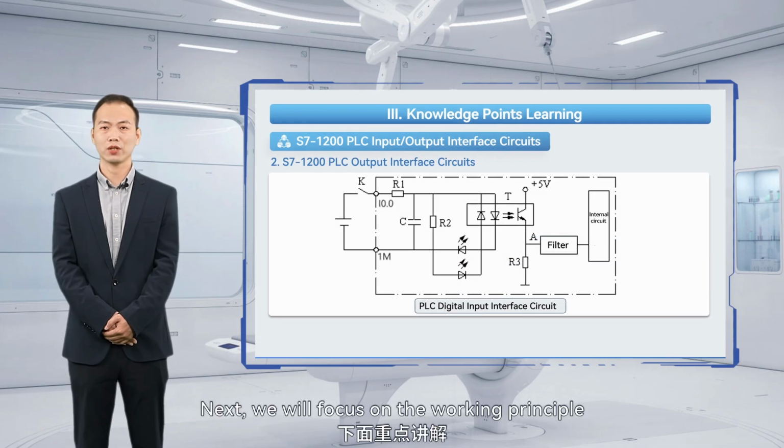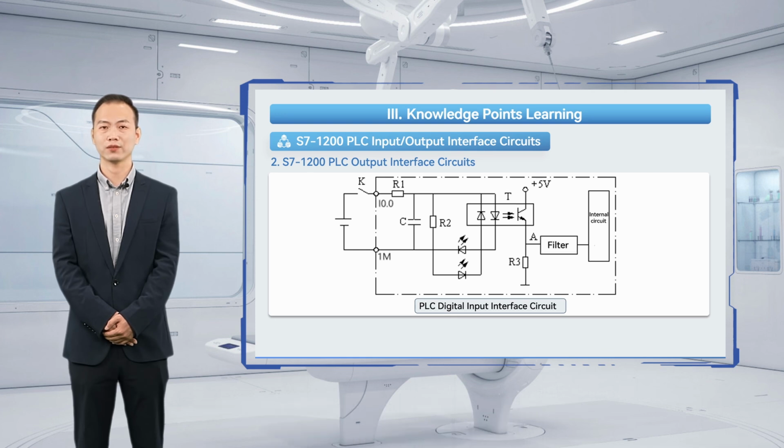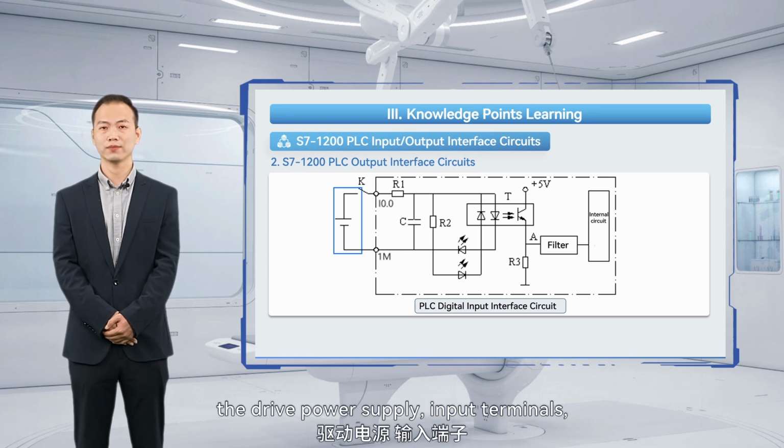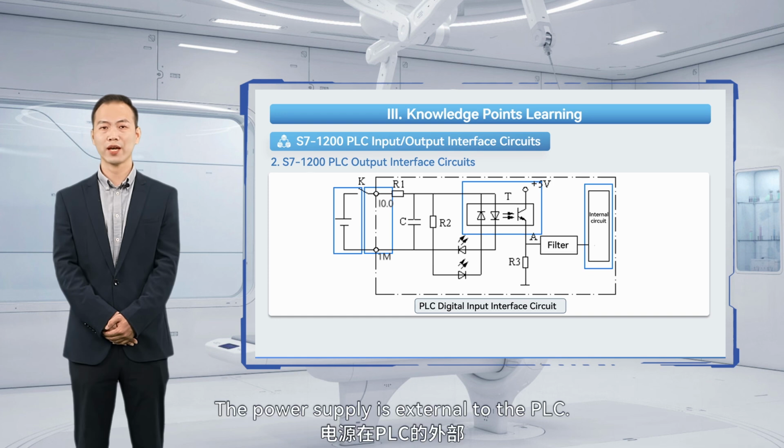Next, we will focus on the working principle of the digital input interface circuit. As shown in the diagram, a digital input interface circuit typically consists of 4 parts: the drive power supply, input terminals, optical coupler, and internal circuit. The power supply is external to the PLC.